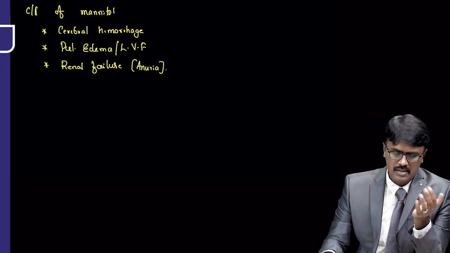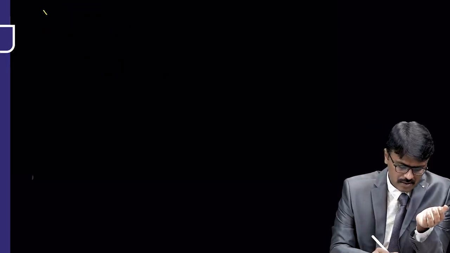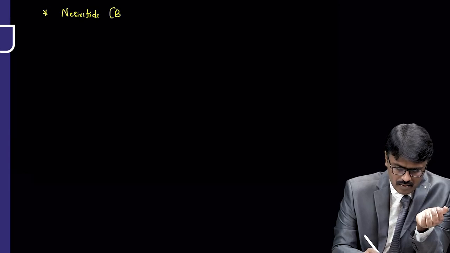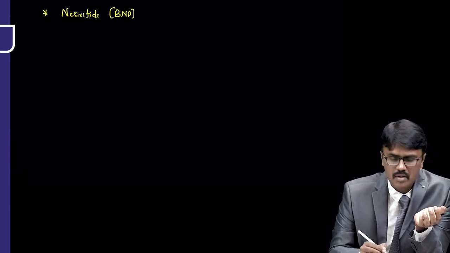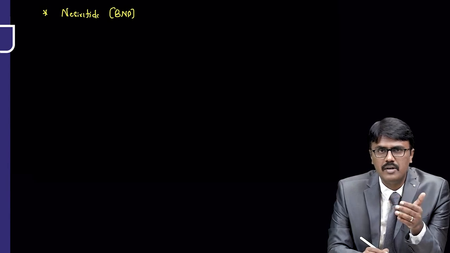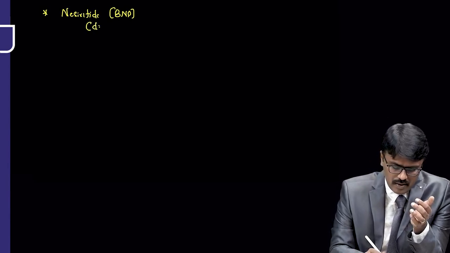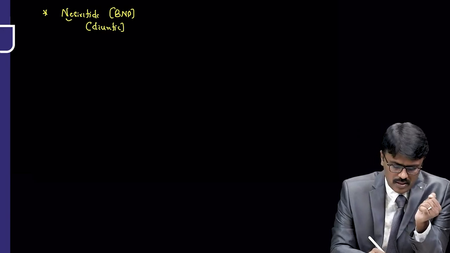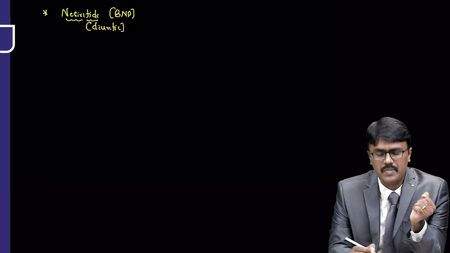Now, apart from that, is there any other drug which has diuretic action? Yes, there is a drug called nesiritide. Nesiritide is a BNP analog, and BNP stands for brain natriuretic peptide. It also has diuretic property because it loses sodium. When it loses sodium, there is loss of water also. So nesiritide has that diuretic property.